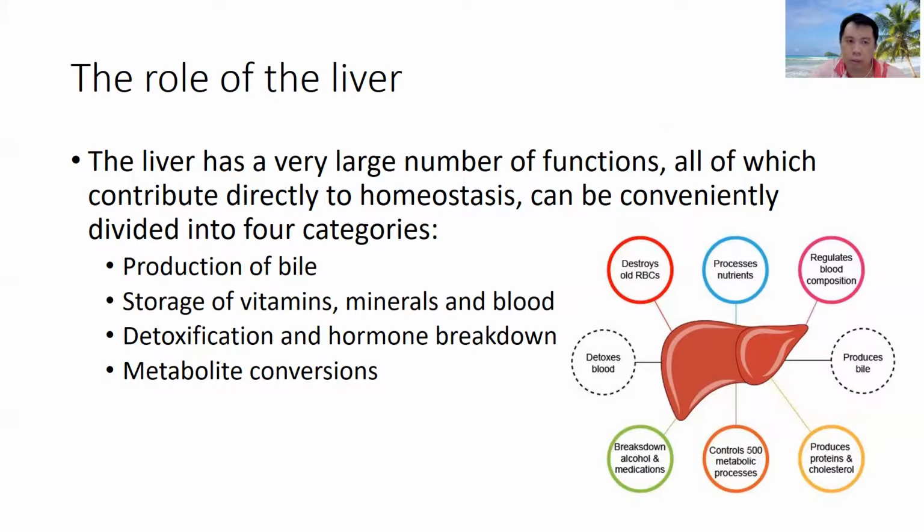Certain vitamins can be stored in the liver, and certain minerals as well, and also the storage of blood, because the liver is the largest visceral organ, so it stores a lot. It acts as a blood reservoir. And detoxification is also carried out in the liver, and hormone breakdown, and metabolite conversions. The metabolites are referring to the carbohydrates, proteins, and fats.